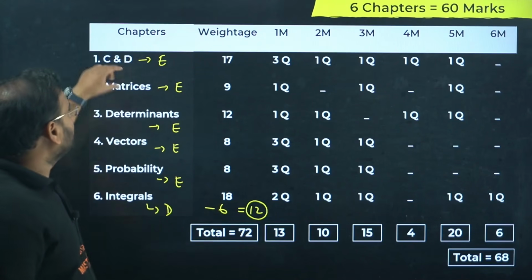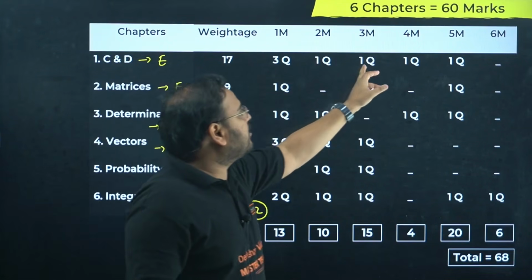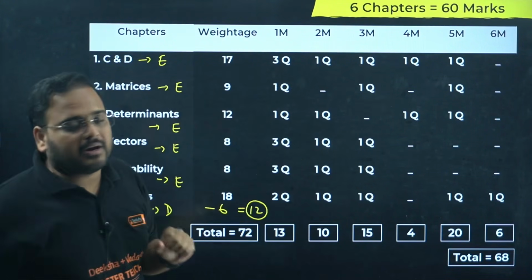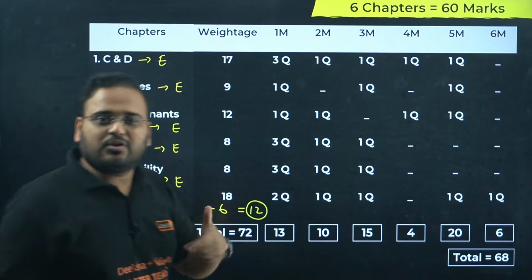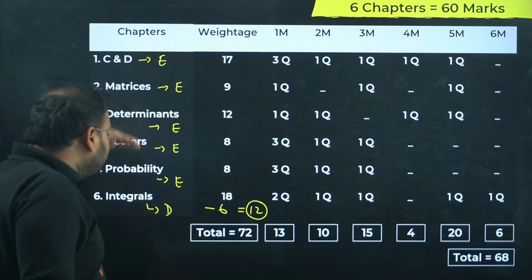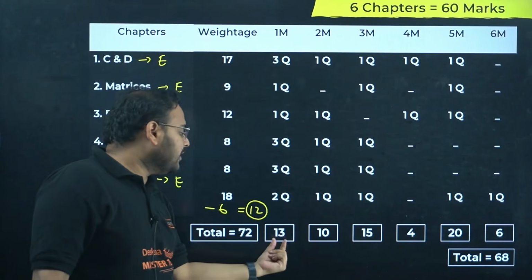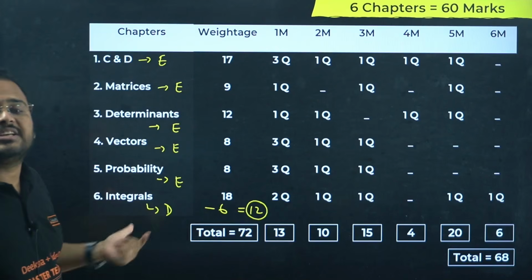If you choose to go with C&D, you have 3 MCQs, 1 2-marker, 3-marker, and 1 5-marker. A 4-marker is also there, the definition of continuity based question. If you choose the MCQs of these chapters and get all the 1 markers correct, you end up with 13 marks right from these 6 chapters.